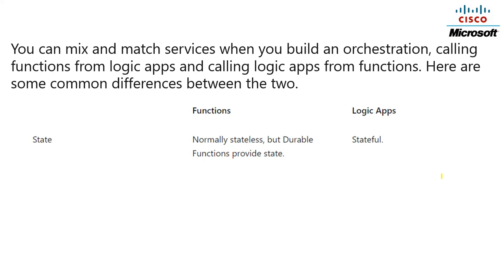Next difference is development. In functions, you need code first. If you want to do something with functions, you should have code first. That is also known as imperative. And with logic apps, it is designer first, which is called declarative. I hope it is very clear.